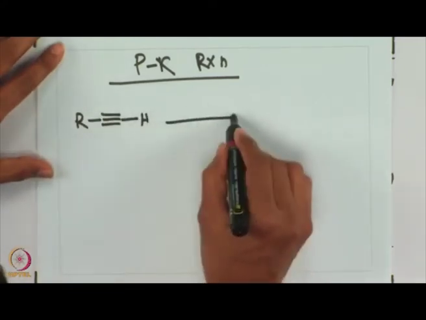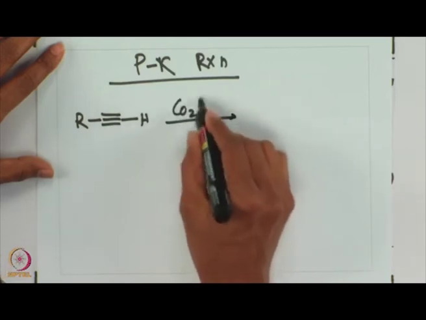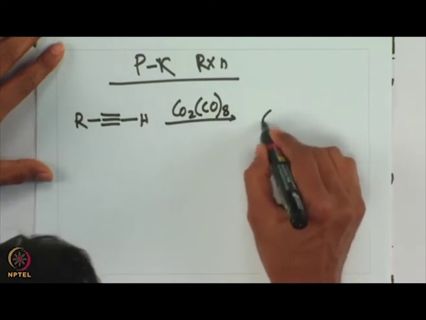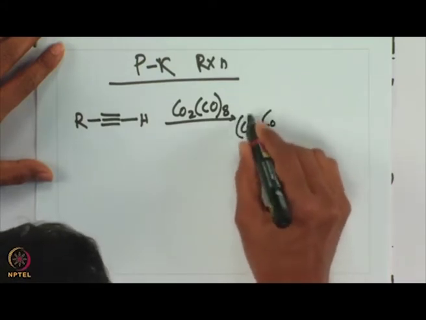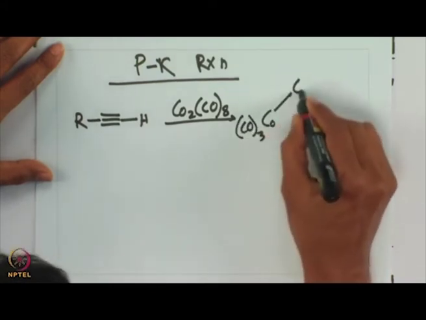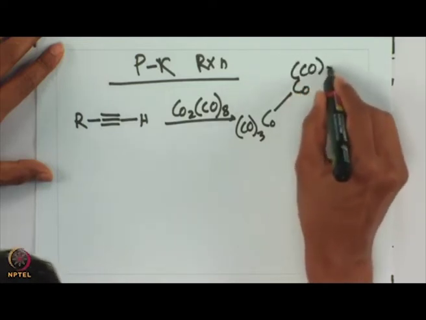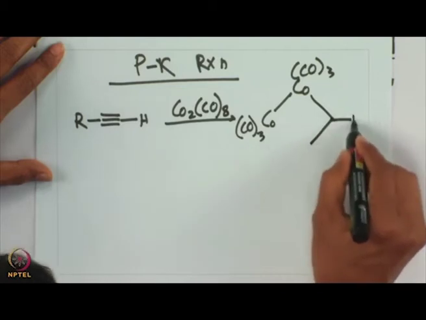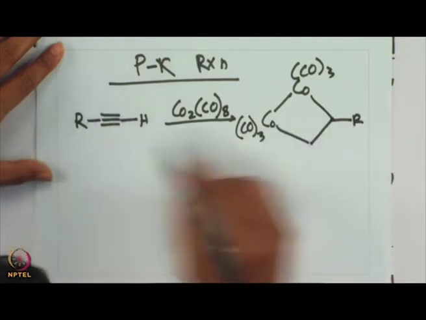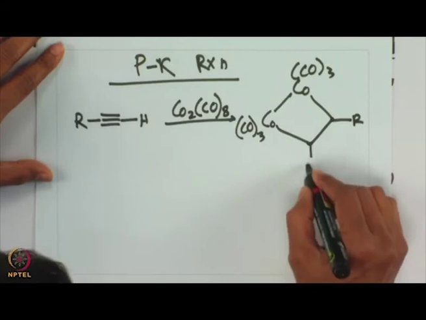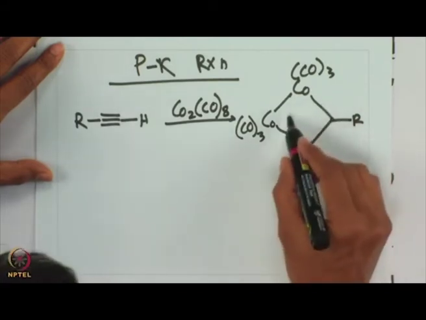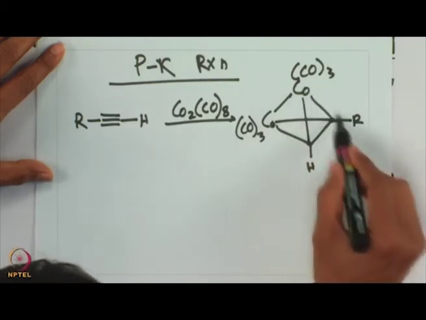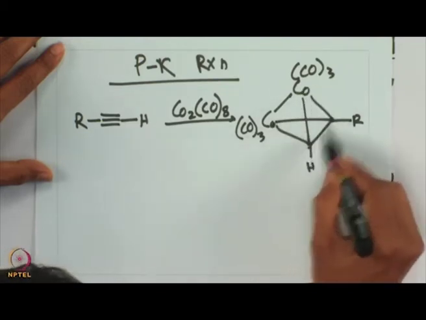The terminal alkyne is reacted with the starting material, which is usually used in stoichiometric fashion. We can have Co2(CO)6, a dicobalt reagent. Overall, the alkyne is incorporated, interacting with the dicobalt center as shown, and both cobalt centers are interacting with both the carbon centers.